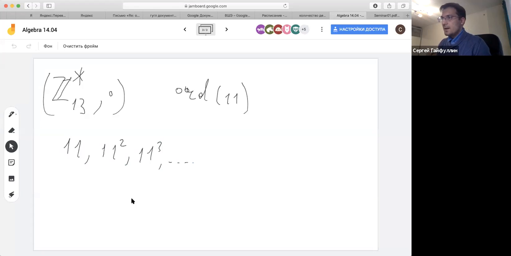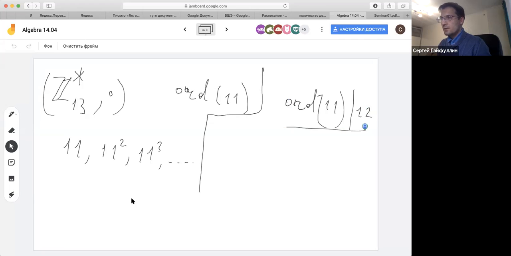After the second lecture, you understand that the order of 11 divides the number of elements in this group, so it is 12. And you can use this. But in your homework, you just want to multiply by 11.